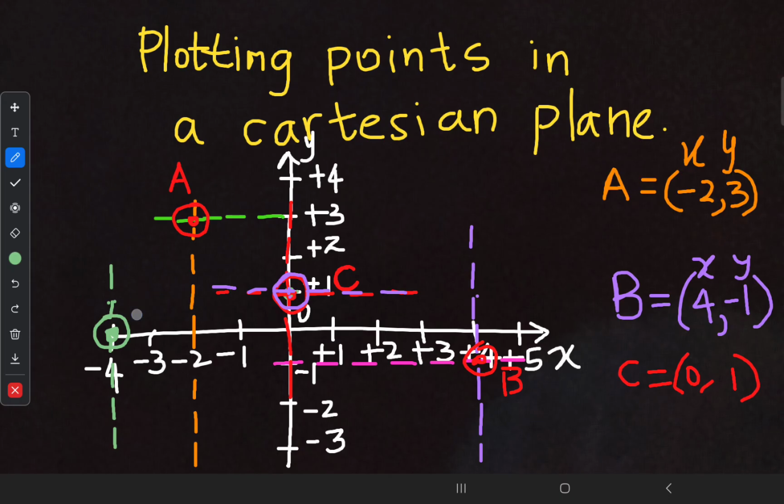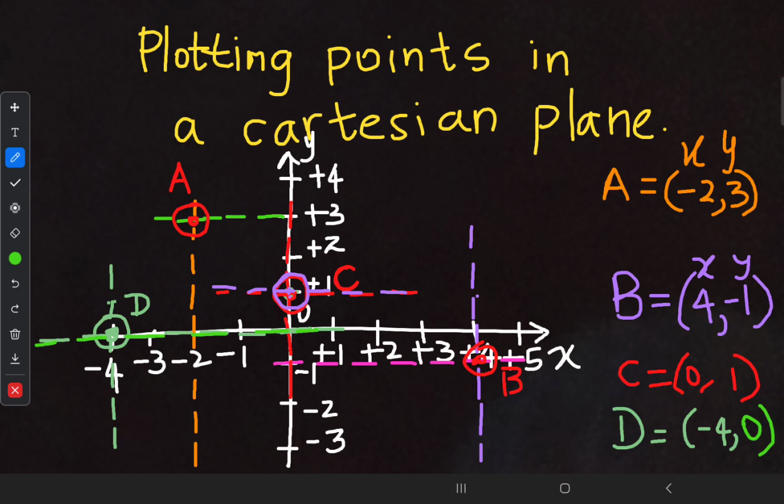So this is our coordinate D. D is here on the x-axis, going through negative 4, and we have to find its y coordinate also. For that I have to draw a flat dotted line, going through when x is equal to 0. So its respective y coordinate is 0 here.